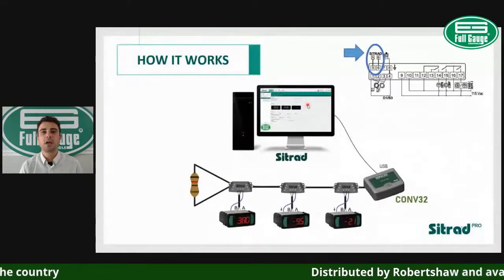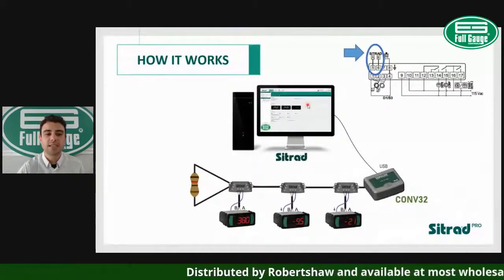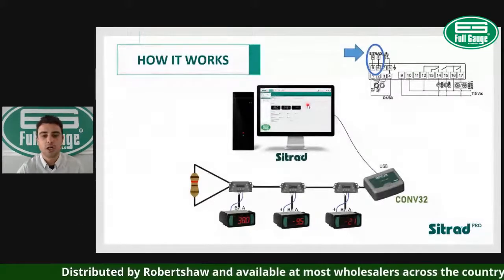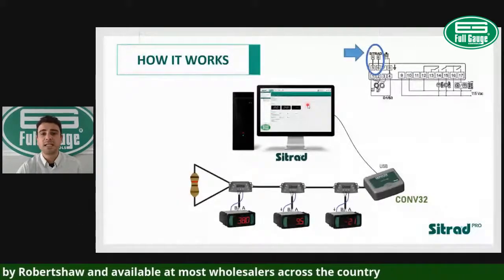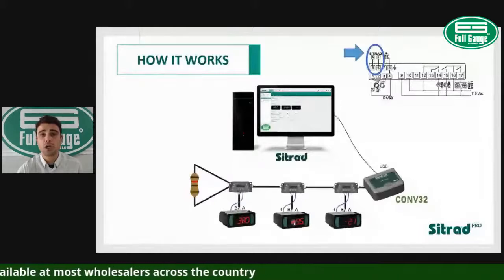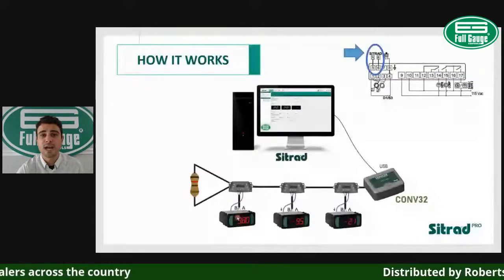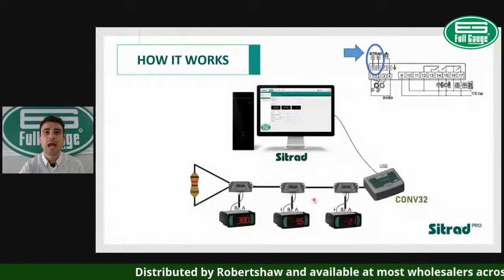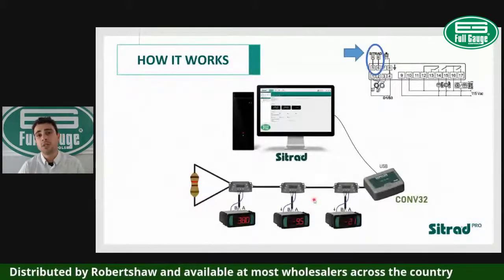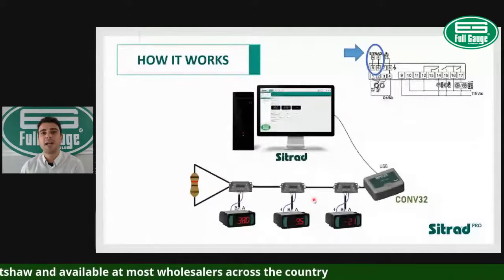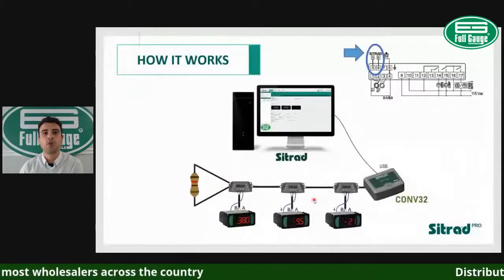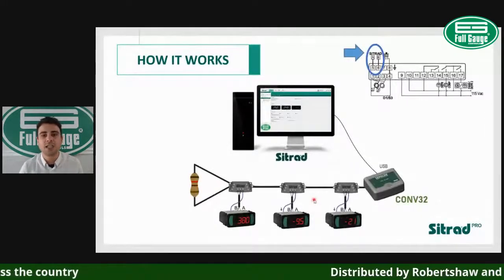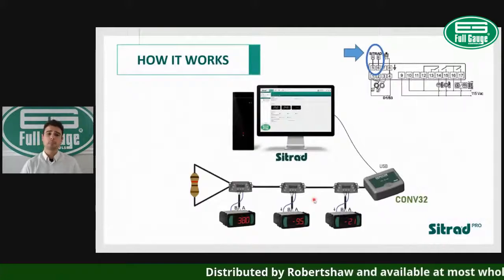Now, the first thing you have to do is change the serial address of each controller. In order for CTRAD to find each controller within the RS-485 network, you have to assign a unique serial address to each controller. That way, CTRAD can automatically find every controller which has been connected to the RS-485 network.